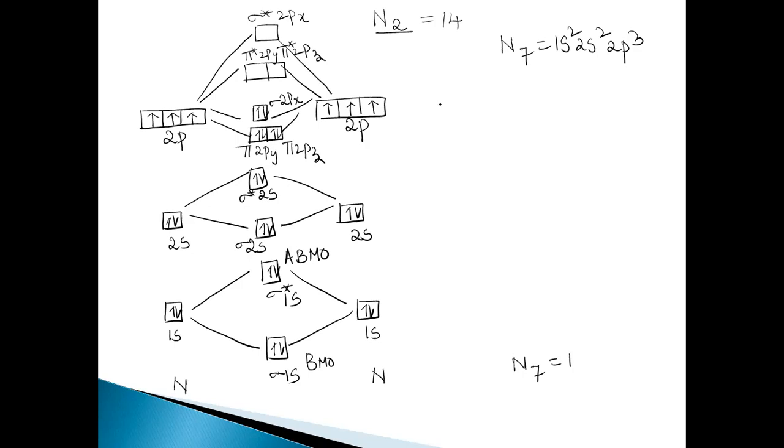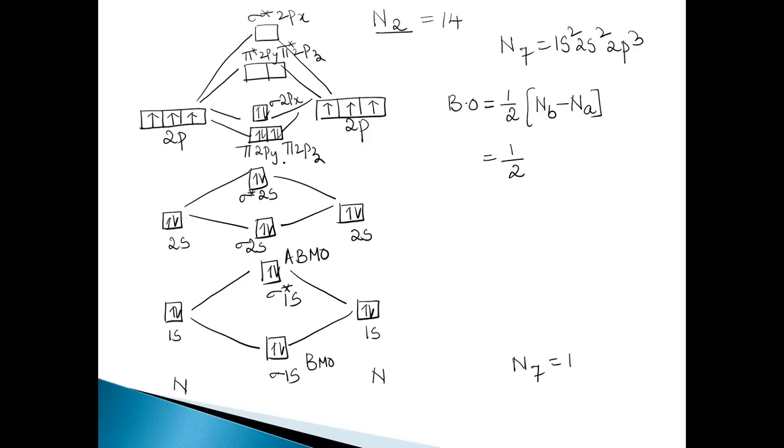So when you calculate the bond order for this, what is bond order? Half into the number of electrons in the bonding molecular orbitals minus the number of electrons in anti-bonding molecular orbitals. So half into bonding molecular orbitals.